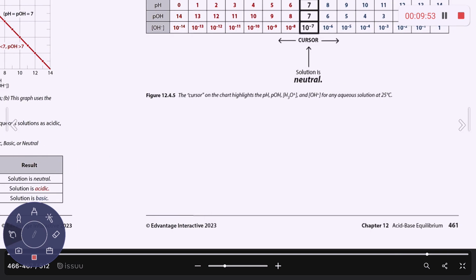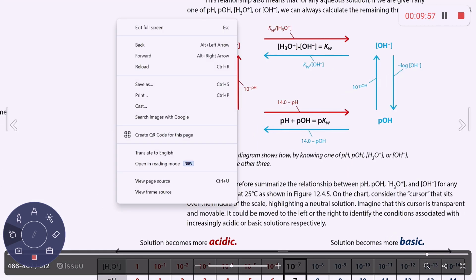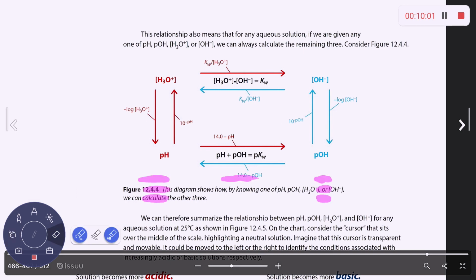Figure 12.4.4 gives you an outline of what you should do. Like if you're confused, let's say that you are given the pH and they're asking you to solve for the hydroxide ion concentration.